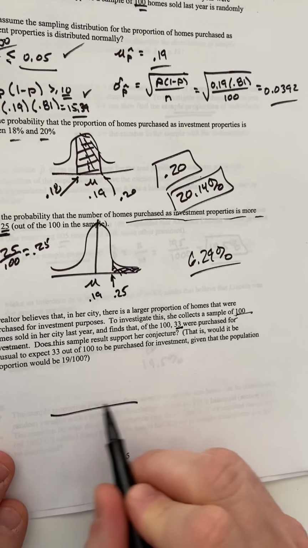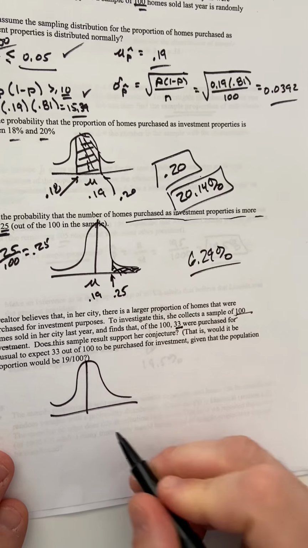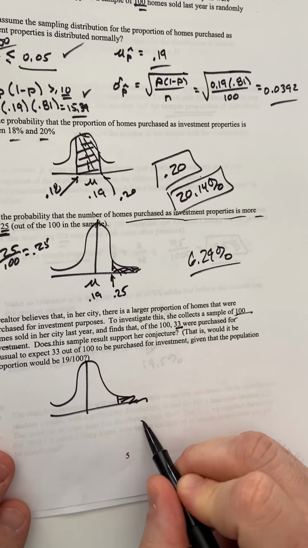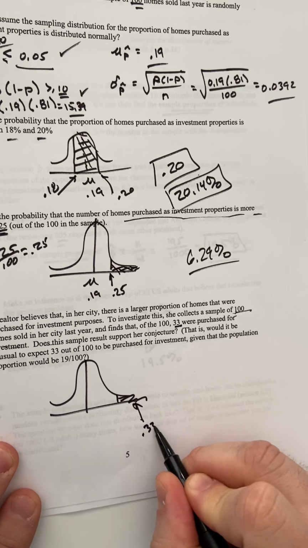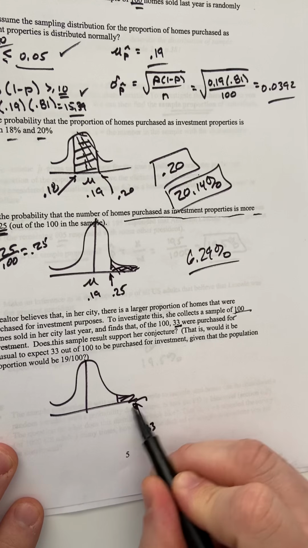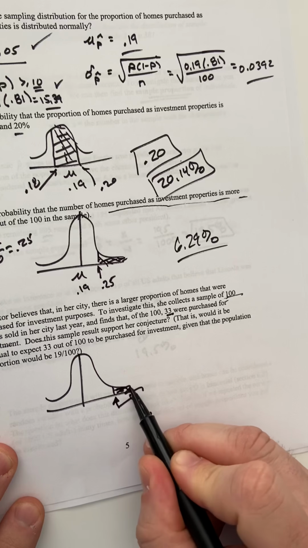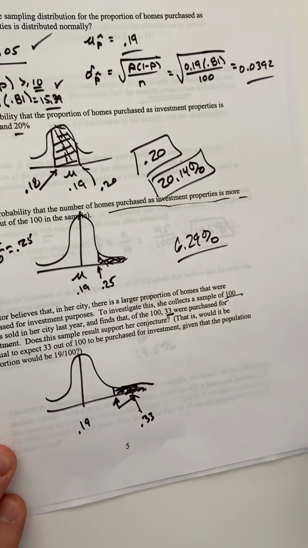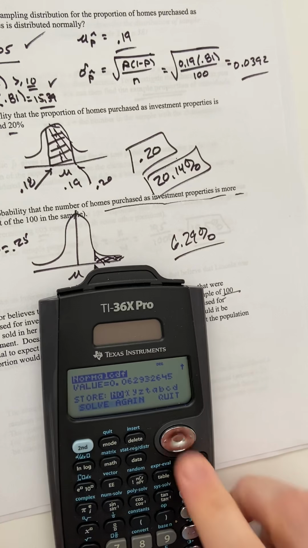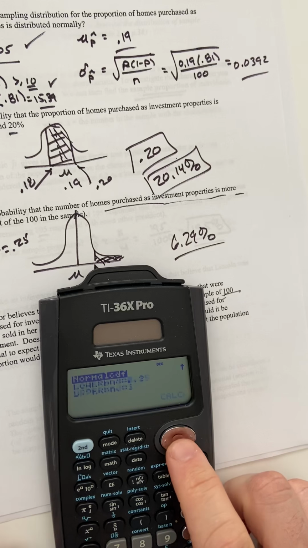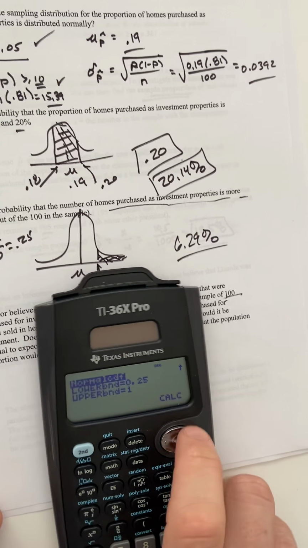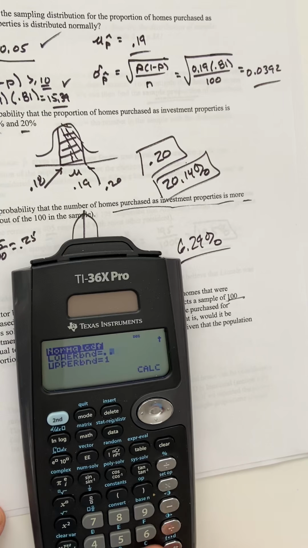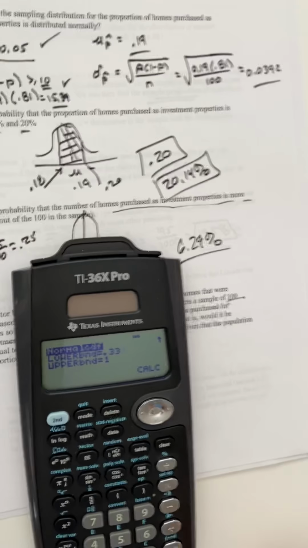But what we want is this 33 and above, and 0.19. Everything is the same. The new lower bound, 0.33. And the upper bound, anything bigger than 1 when they're probability based.